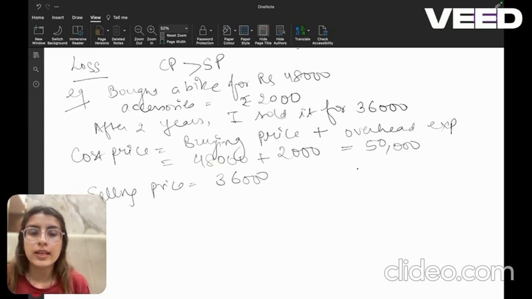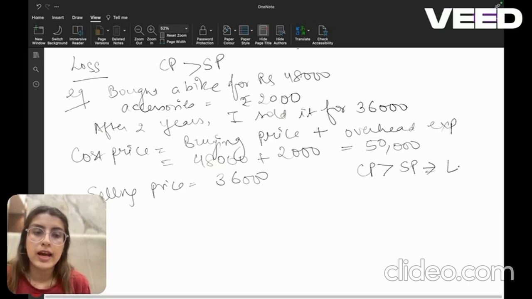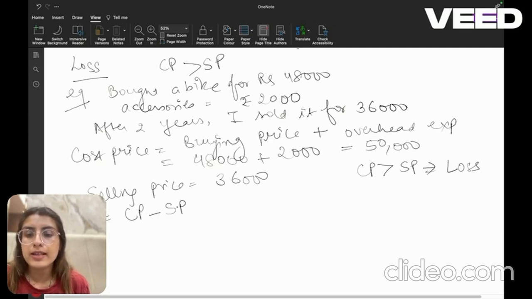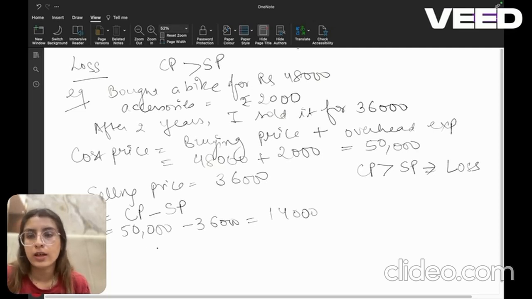As you can see, the cost price is greater than the selling price, which means I have incurred a loss. How will we calculate the loss? Loss will be calculated as CP minus SP, which is 50,000 minus 36,000, which is 14,000. That means I have incurred a loss of 14,000.